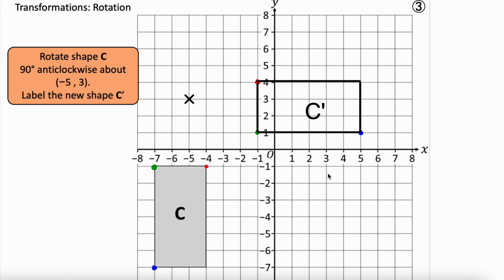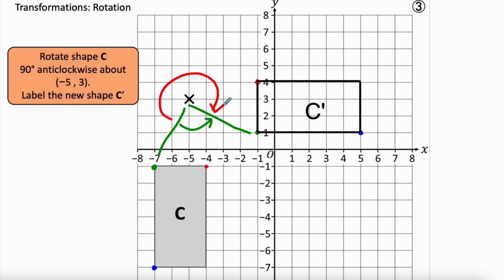Okay, and don't forget that if we have a rotation of 90 degrees counterclockwise, you will get the same result if the rotation is named 270 degrees clockwise.